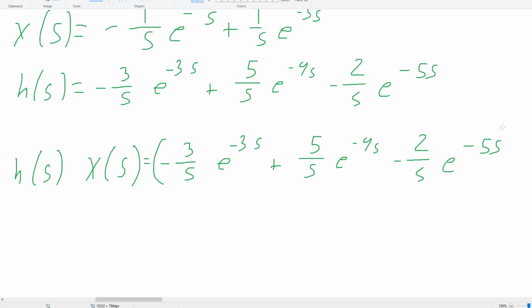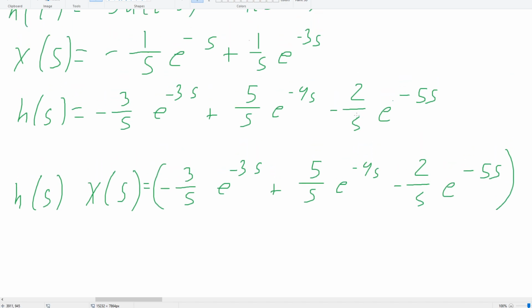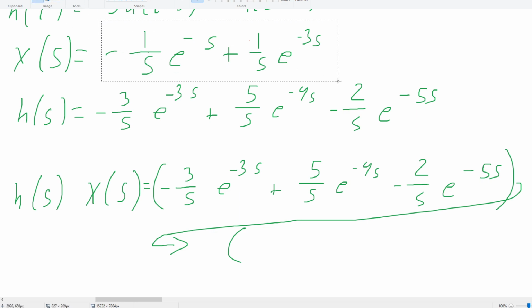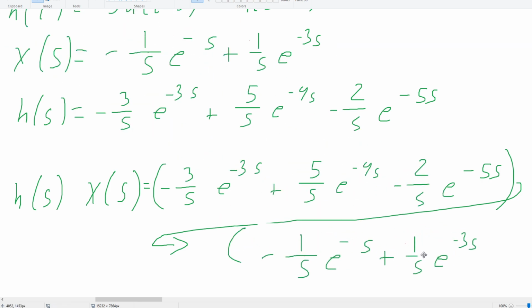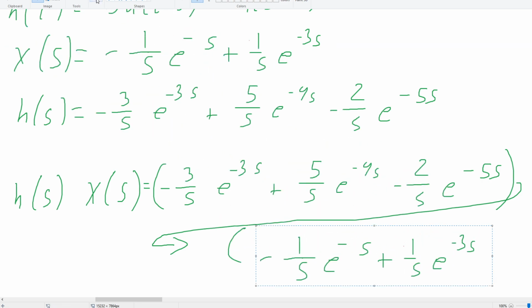And it's going to be multiplied by X(s), which is over here. I'm just going to write it on the bottom. Multiplied by... Control C, Control V. Nice. Okay, so we have that.